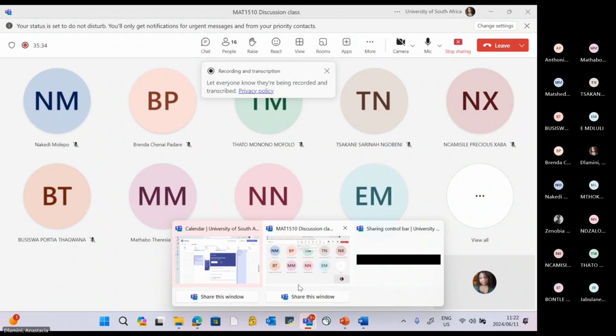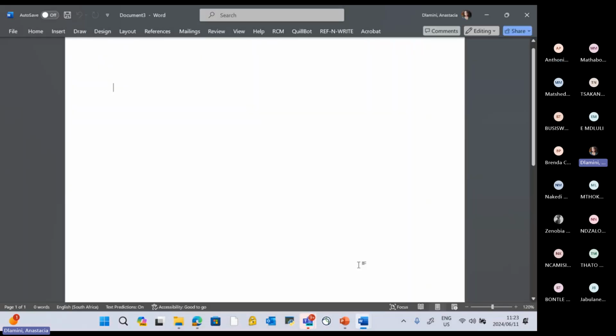Guys? Sorry, ma'am, come again. I'm saying that this question is asking us to solve 3 to the power of x plus 2 is equals to 7, right? And in grade 10, we didn't introduce a log. Do you remember that? I think they were doing k substitution.